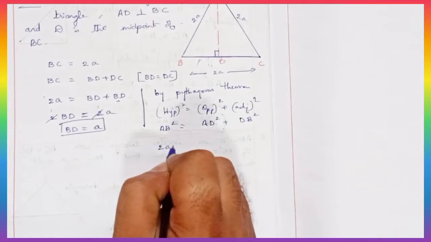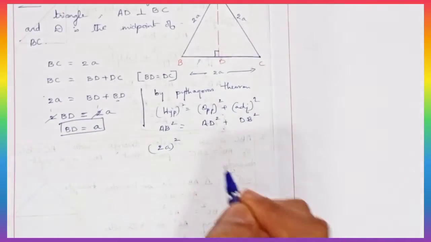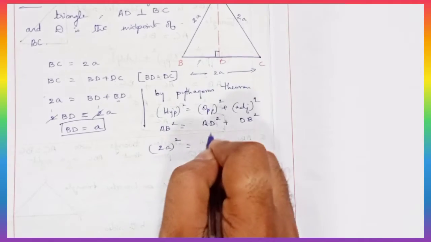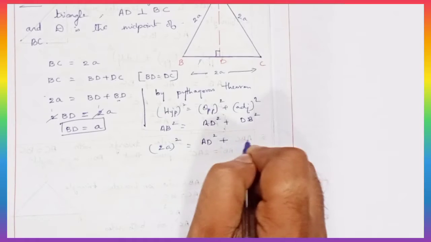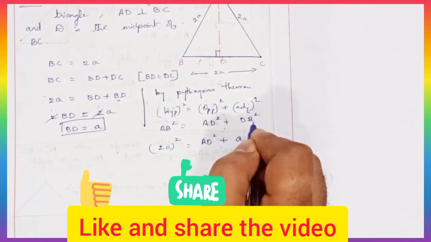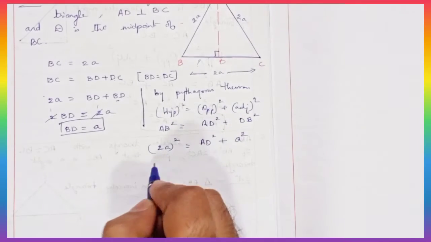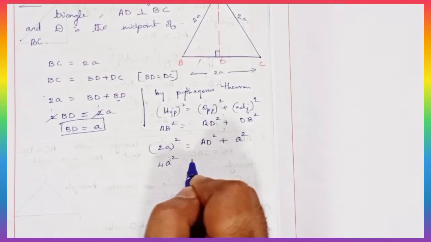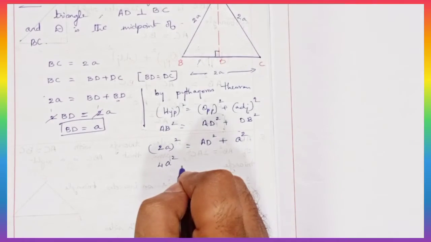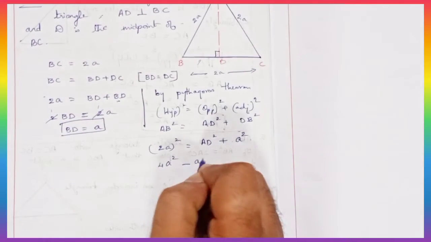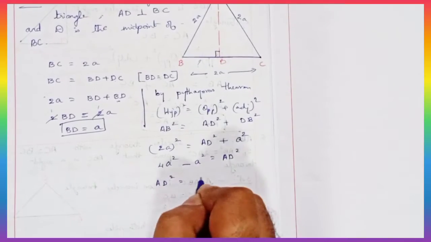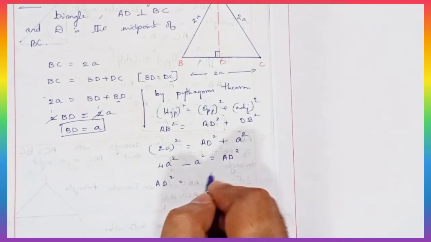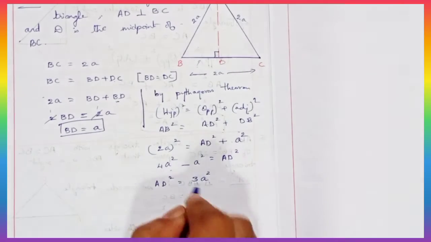AB is given as 2A, whole square. AD we need to find out, that is the altitude, AD square as it is, plus DB we already found out, that is A, square is A square. So 2A square, 2 square is 4, A square. Transpose this A square to the other side, plus A square becomes minus A square, that is equal to AD square, or AD square is equal to 4A square minus 1A square, that is 3A square.